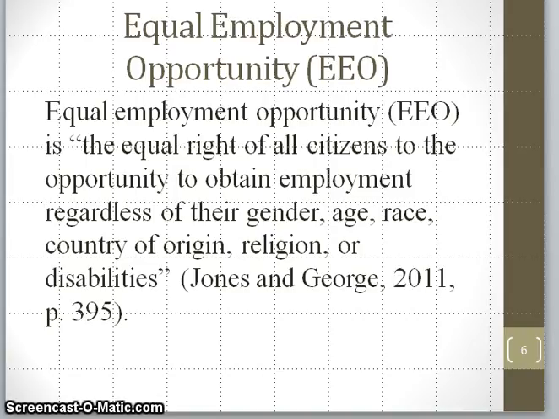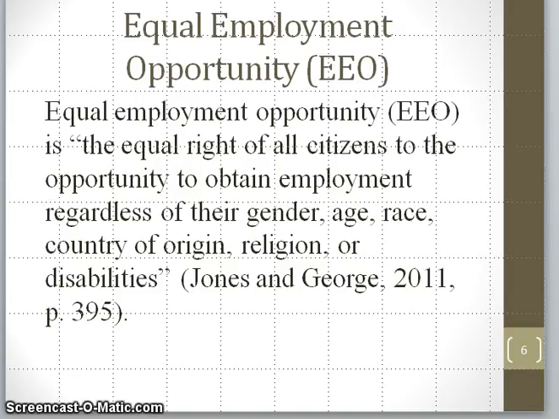The goal of the equal employment opportunity is to ensure that all citizens have an equal opportunity to obtain employment regardless of those aforementioned traits: gender, age, race, country of origin, religion, or disabilities.